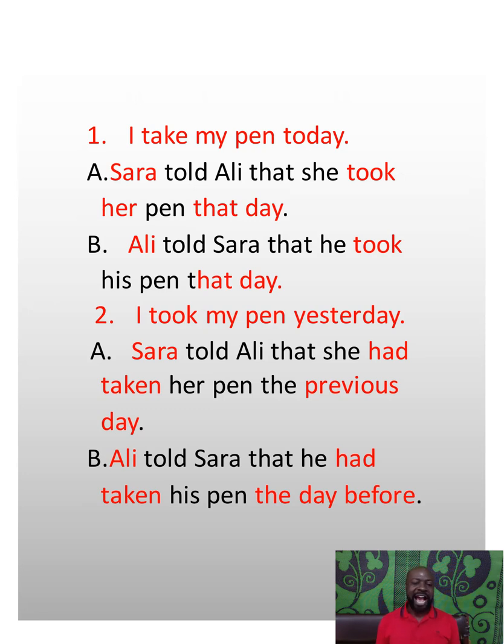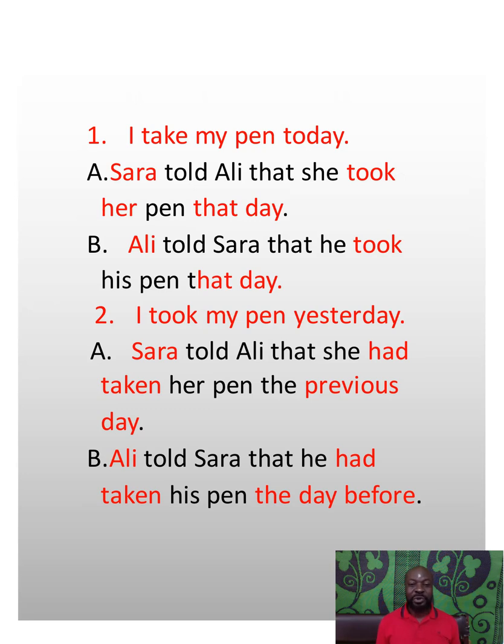B, Ali told Sarah that he had taken his pen the day before. Ali is a man, so I changes to he. Took changes to had taken. Why? A past simple changes to past participle, past perfect.